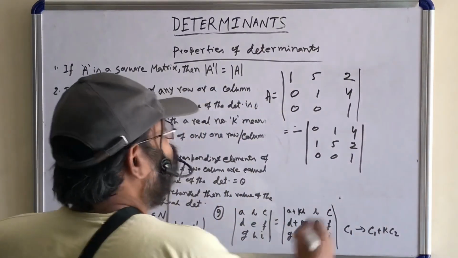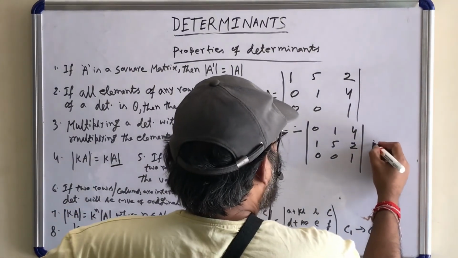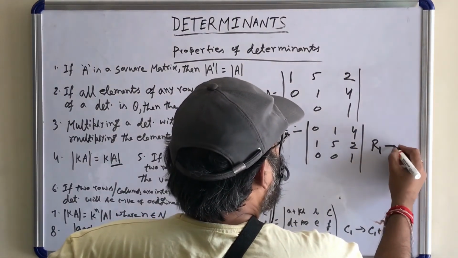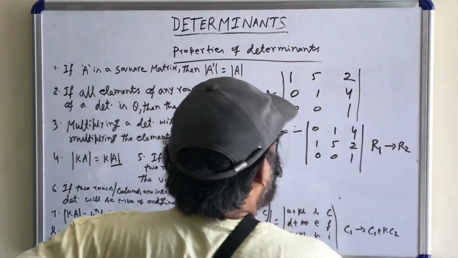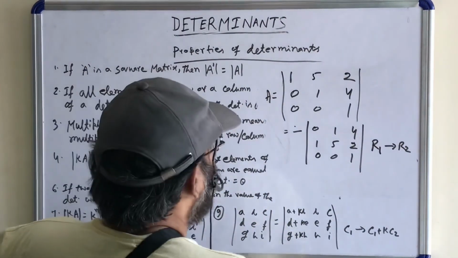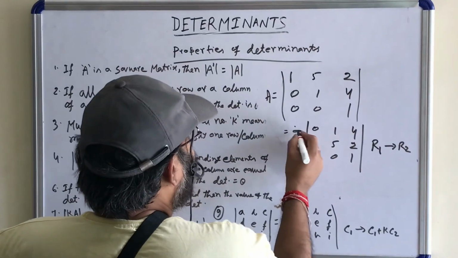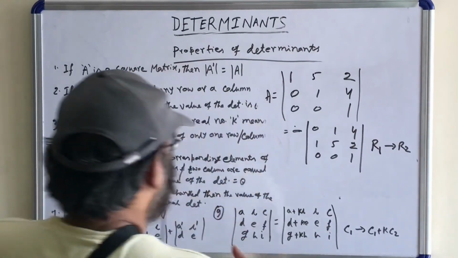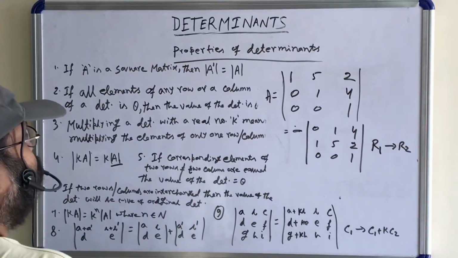What I have done is change row 1 to row 2. We have interchanged row 1 and row 2. The value of that determinant will be minus the value of the original determinant.